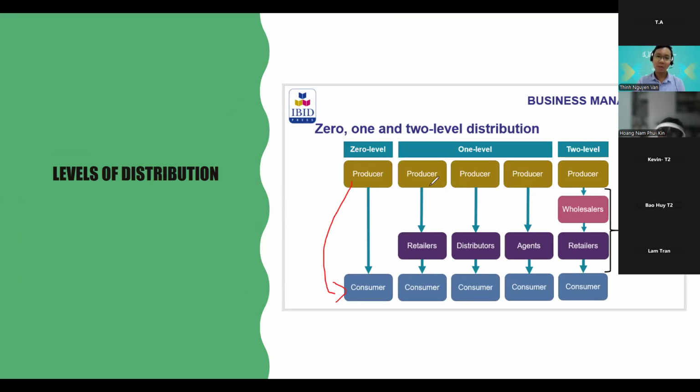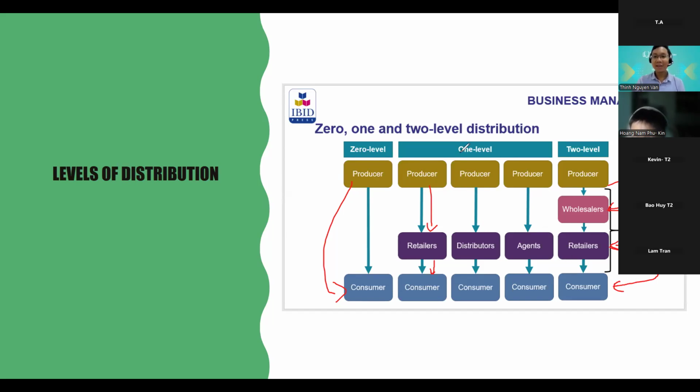The second way, you give it to another party, and that party will sell to your customer. And the last one, you sell a lot of products to wholesalers. The wholesaler will sell them again to retailers, and then the retailer will sell them again to consumers.